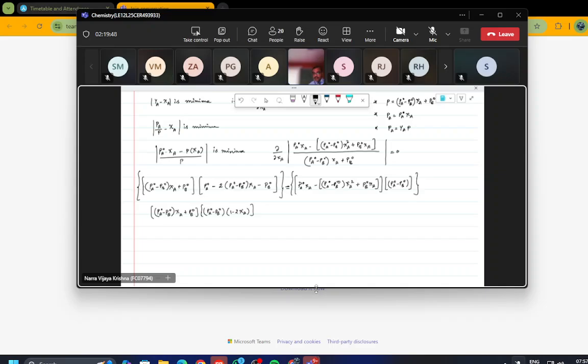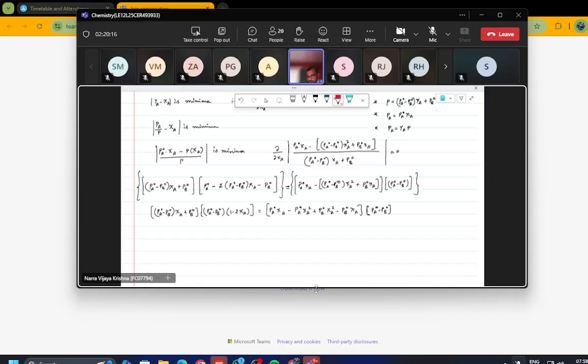Correct or not? Is equal to this total equation: Pa naught Xa minus Pa naught Xa square plus Pb naught Xa square minus Pb naught Xa, this whole thing into Pa naught minus Pb naught. Accepted, sir?